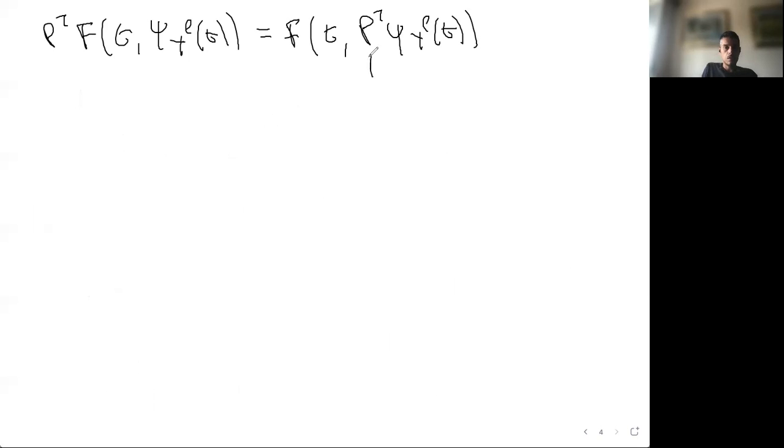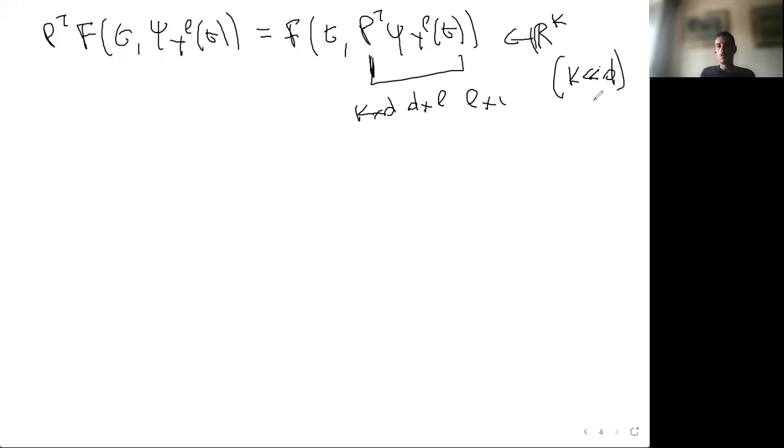What does it mean? This is going to be k by D, D by L, L by 1. So now this is going to be a vector in R^k with k way smaller than D. Okay, now we are somehow in business.